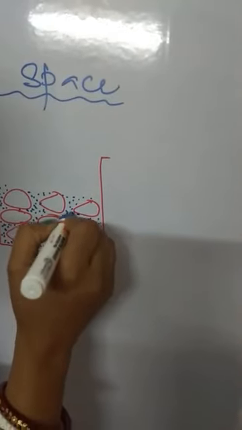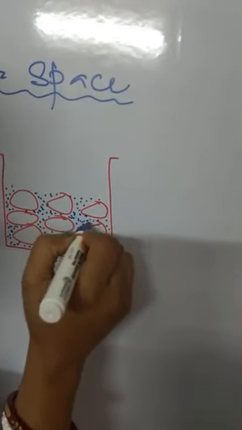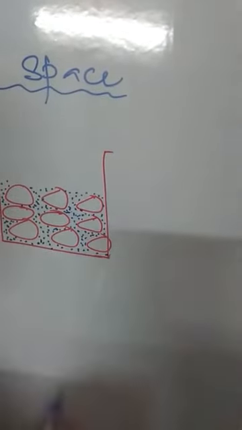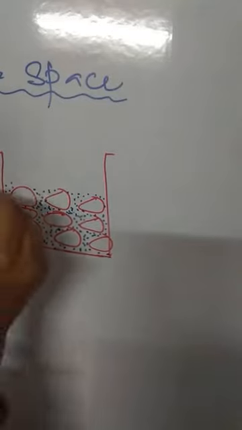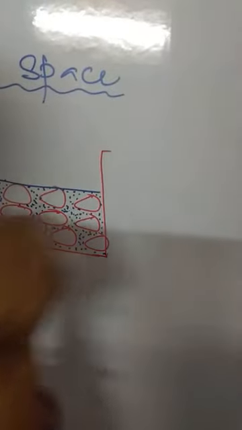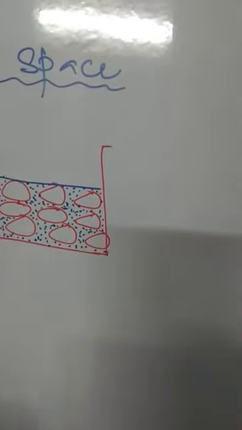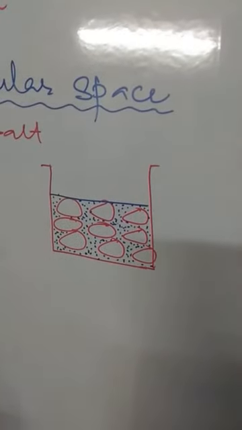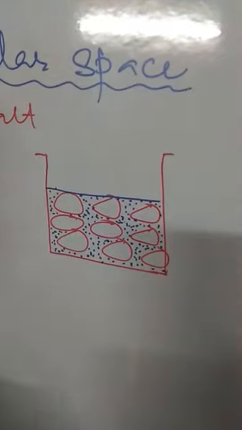Up to a certain limit there will be no rise in the level of the pebbles, as the salt which we are adding will get adjusted in between the interparticular or intermolecular space of the stones or pebbles.